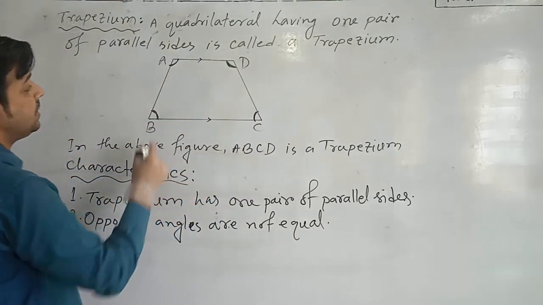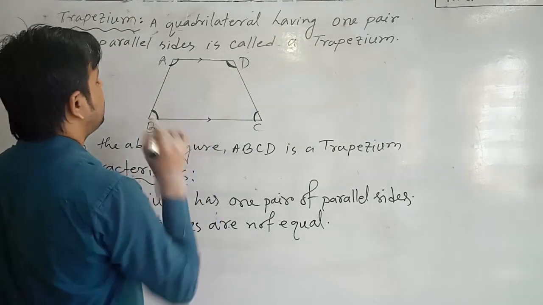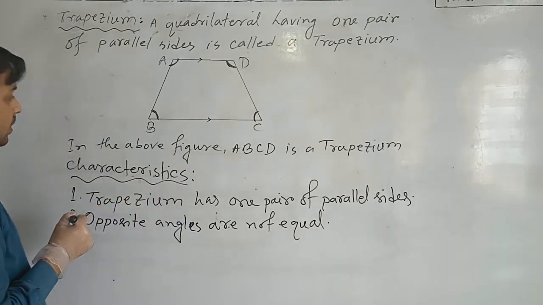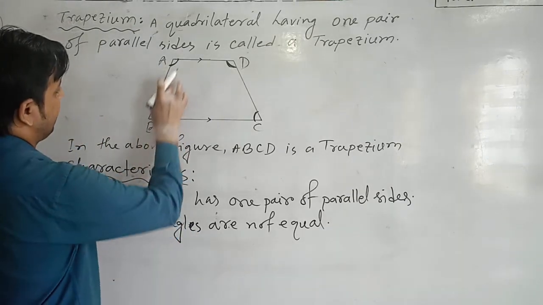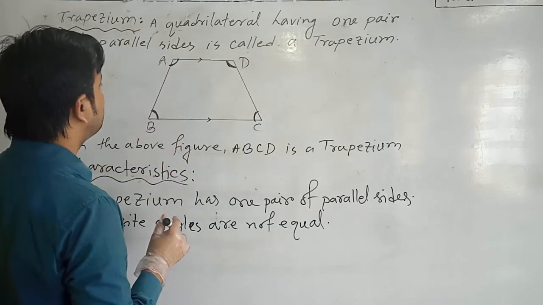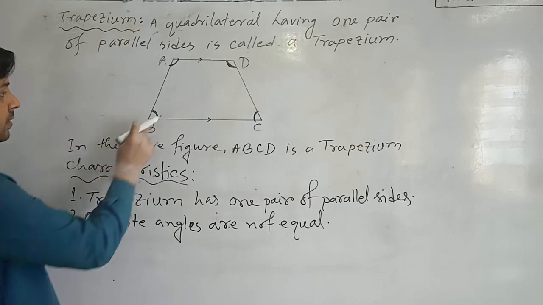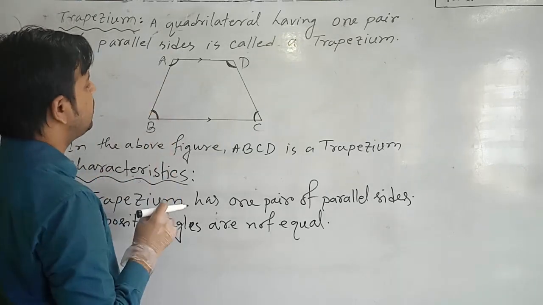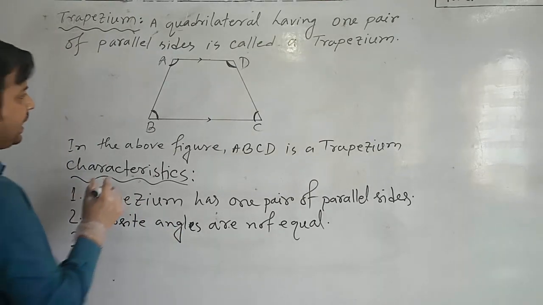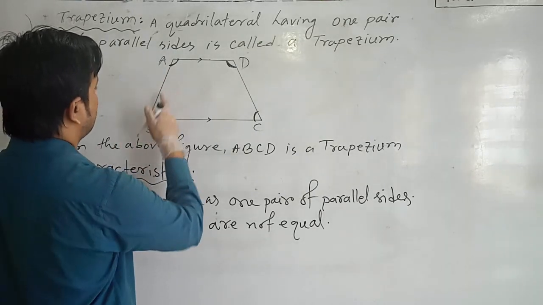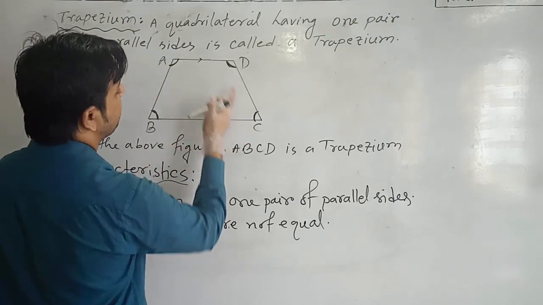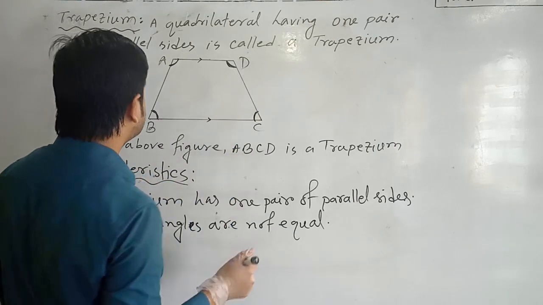Sum of these two angles, it means angle A and B will be equal to 180 degree. It means that sum of these two angles is a straight angle. It means these two angles are supplementary. Similarly, you can say angle C and D also are supplementary.